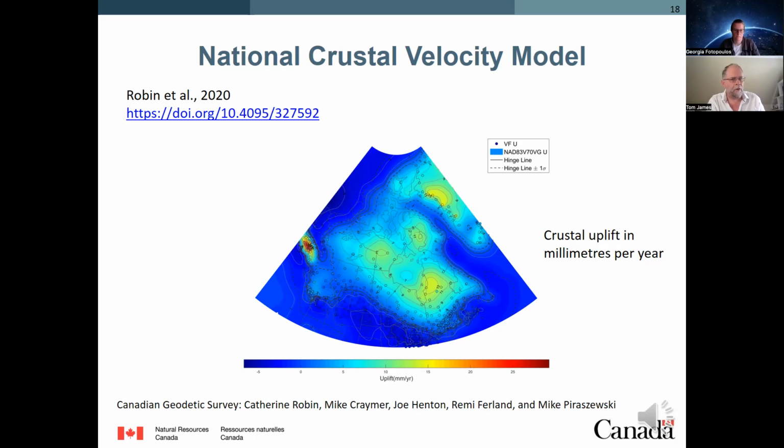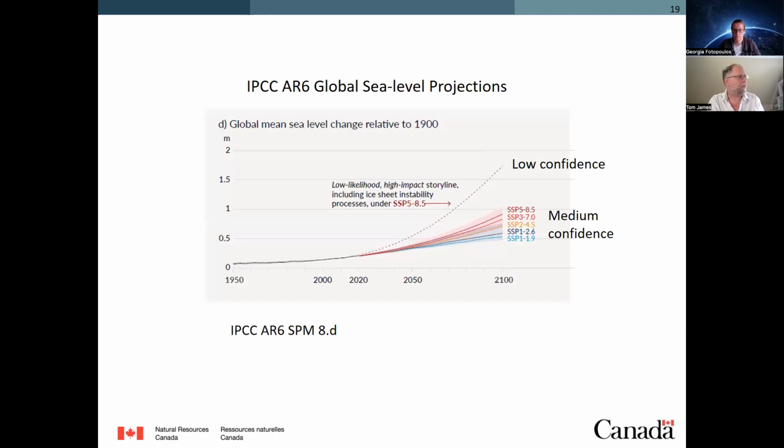Particularly in the north, the GNSS network is fairly sparse, and we use these model predictions to interpolate in between. And so this is the land motion model that we use with the latest information from the IPCC to generate relative sea level projections over Canada.